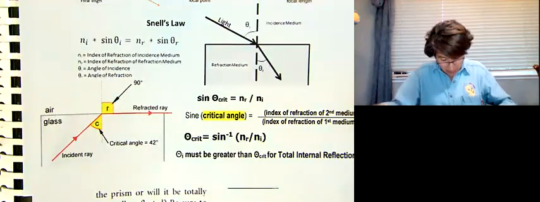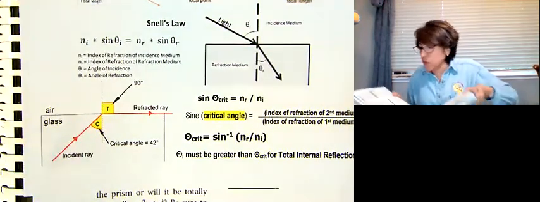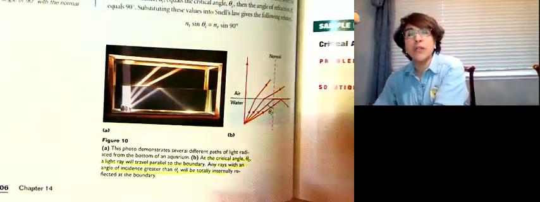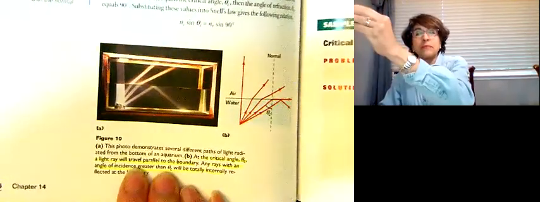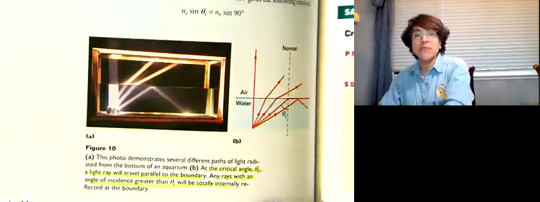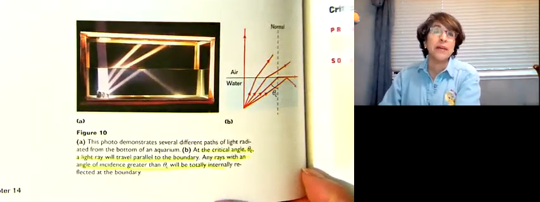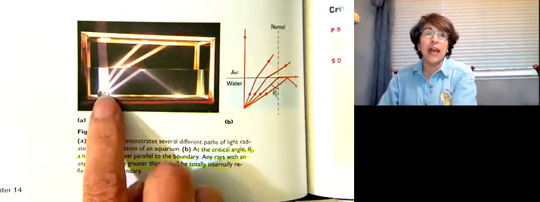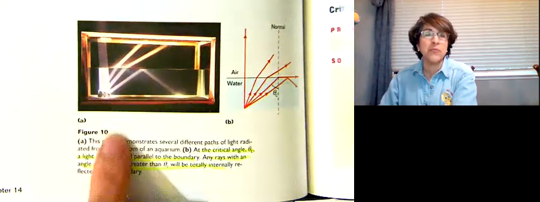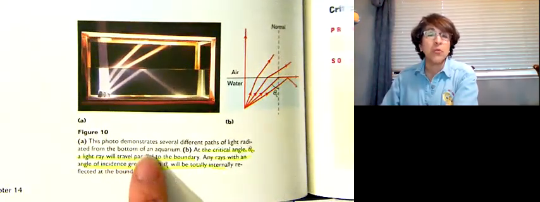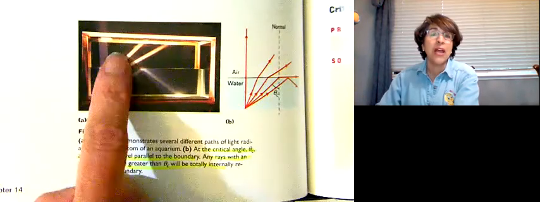So here's an example on page 506. There's a really good photograph. It says this photo demonstrates several paths of light radiating from the bottom of an aquarium. So here's a light source, and you can see it's going out at a bunch of different angles from the bottom of the aquarium. So it's from water, and then it's going out to air.